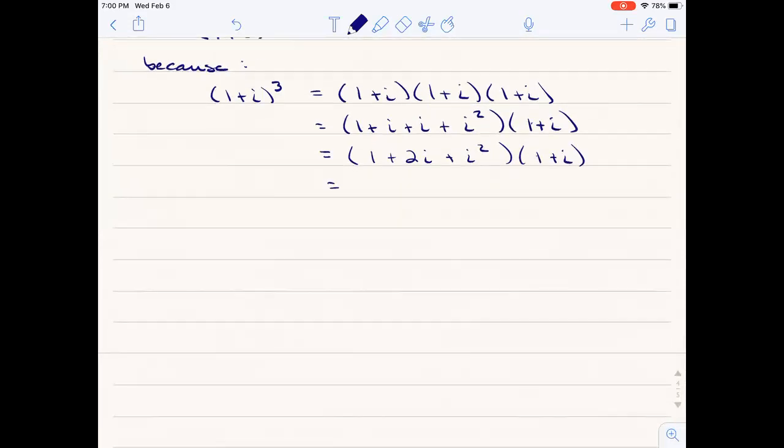Expand that again. So 1 times 1 is 1, plus i is 1 times i. 2i times 1 is 2i, plus 2i times i is 2i squared. Plus i squared times 1 is i squared, plus i squared times i is i^3.